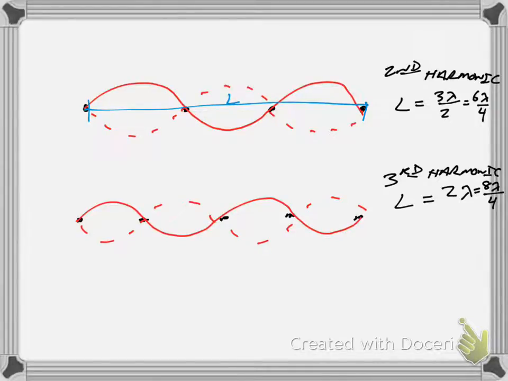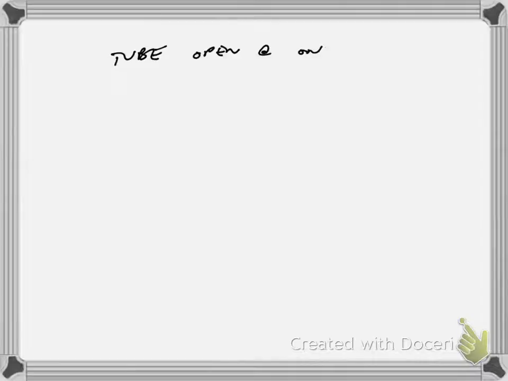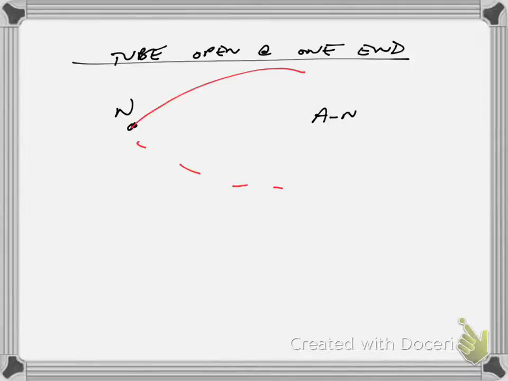Now, these are for stringed instruments, or any standing wave on a string that's fixed at both ends. We might also imagine an instrument that is a tube open at one end and closed at the other. And the very first time we're going to get a standing wave on that is a situation like this, where the closed end has to be a node because the medium won't be free to move there, and then the open end is going to be an antinode.